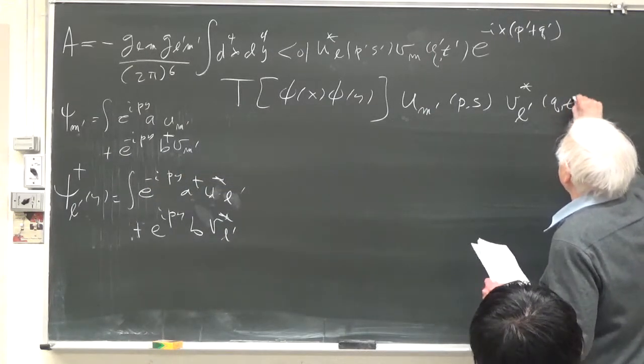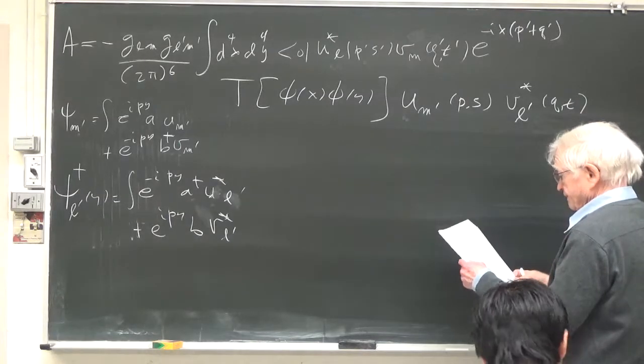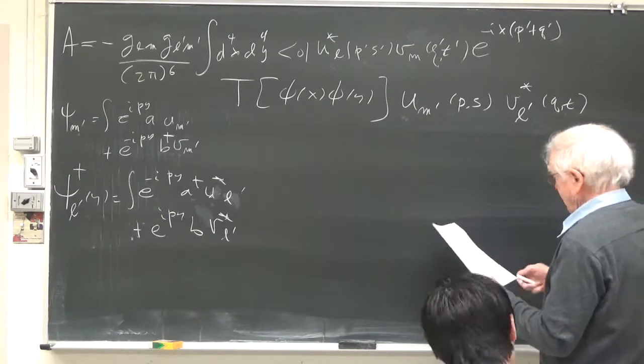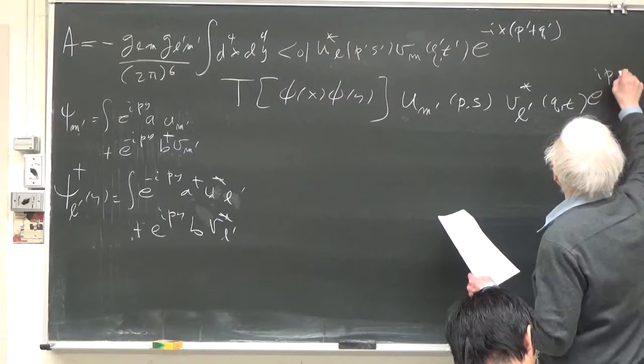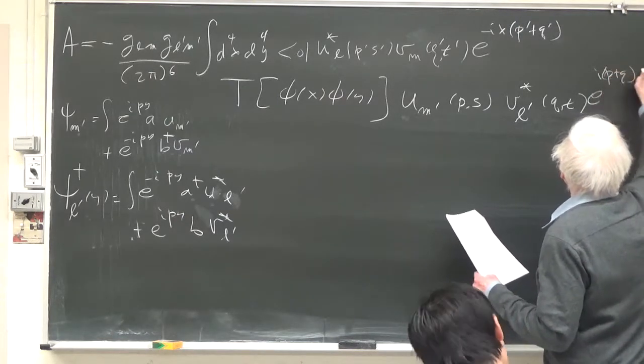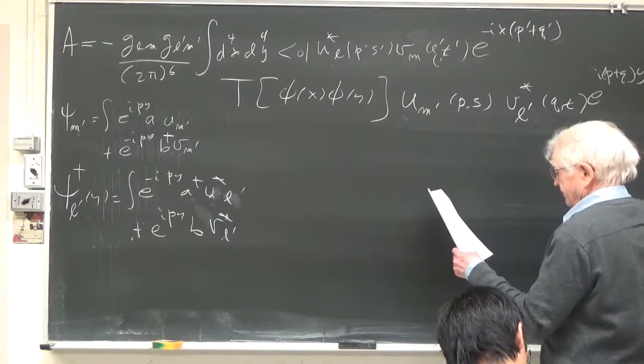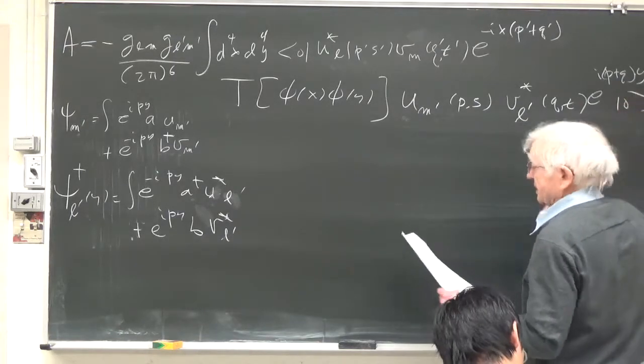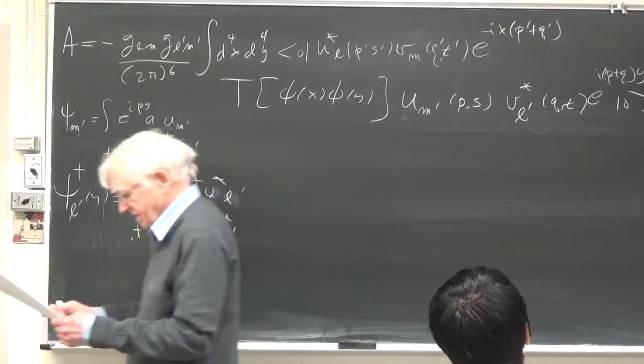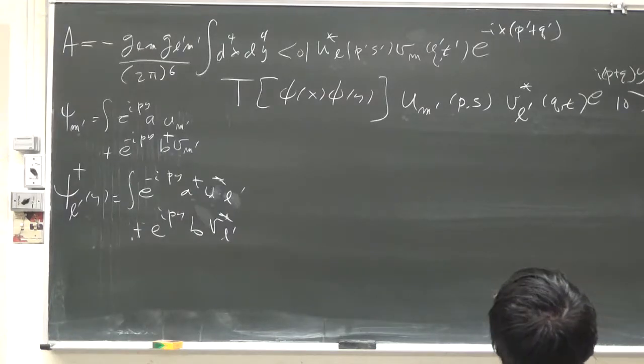So this is Q and T, and then this is e to the i(P plus Q) dot y, and then there's a vacuum state at some point. Okay, so that's the amplitude.